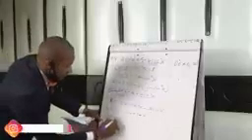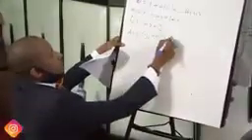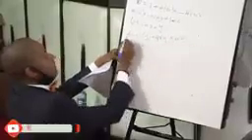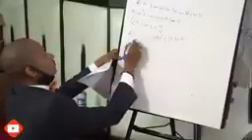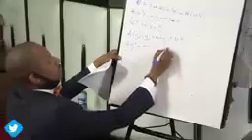Then we will let sine x equal y. We want to further simplify this. Therefore, 4 times sine squared x is sine x times sine x, and replacing sine x with y, this gives us 4y squared minus 4y plus 1 equals 0.